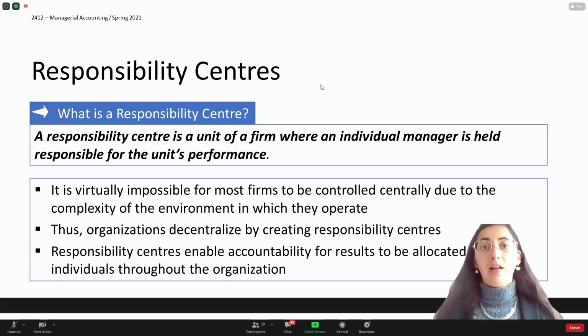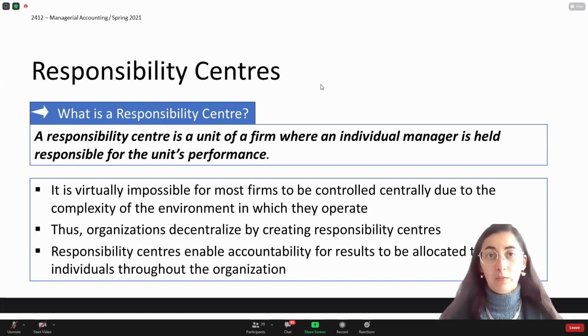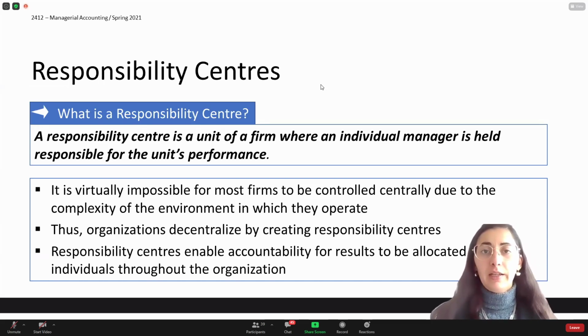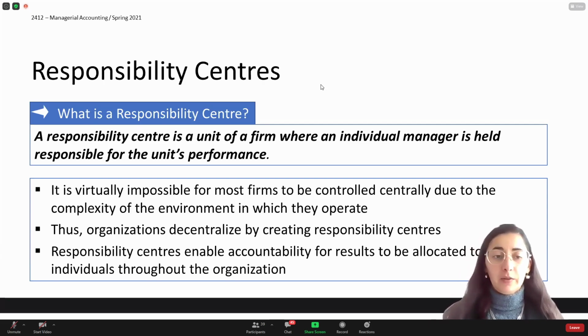And if there's no one else to help him in this task, it can create problems in the management of the organization. That's why having someone responsible for the units creates accountability. So we know that this person is responsible for that unit. If something goes wrong, if something goes well, we know that this person was involved. If it is something good, the person should be congratulated. If it's something bad, the person should be punished or something.